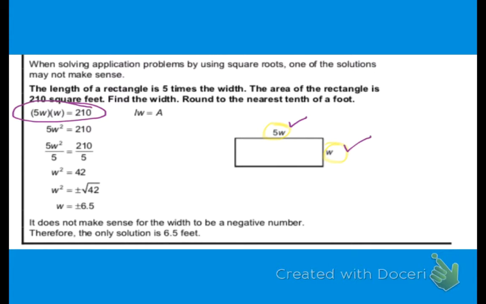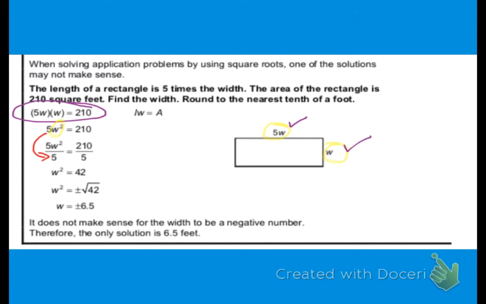Well, 5w times w is 5w squared, and that's supposed to equal 210, and this is going to give us a quadratic equation to solve. So I know that to solve it, step 1 is to isolate the w squared to get the w by itself, and I'm going to do that by dividing by 5. As you can see, they did that here, right?